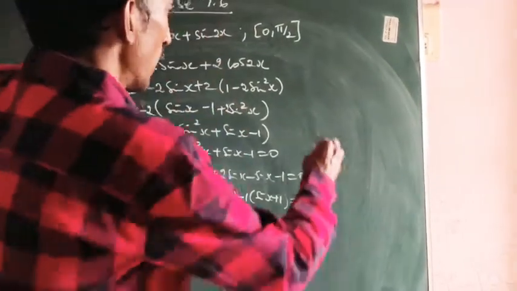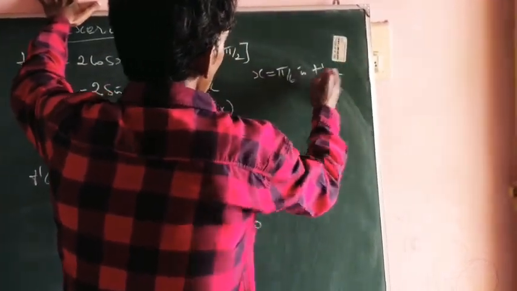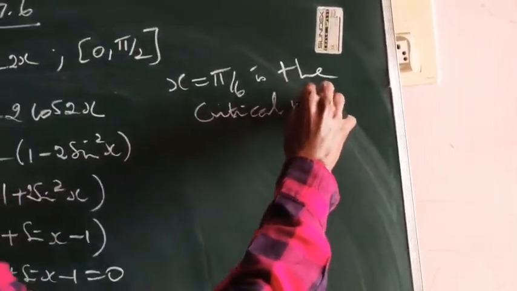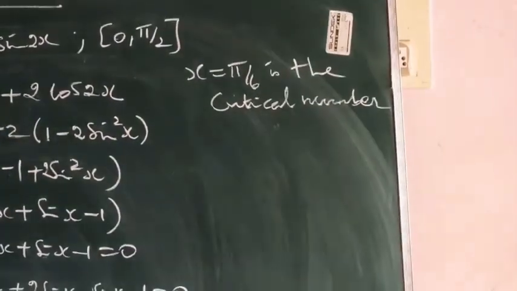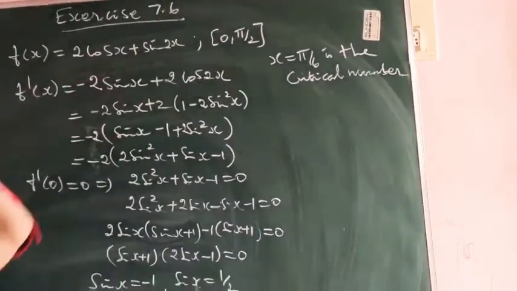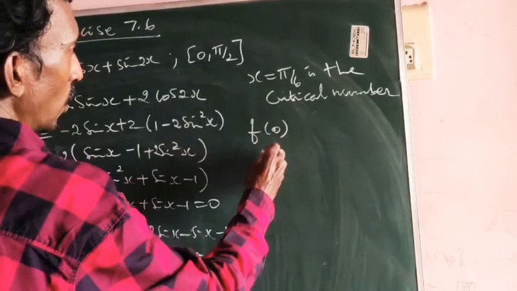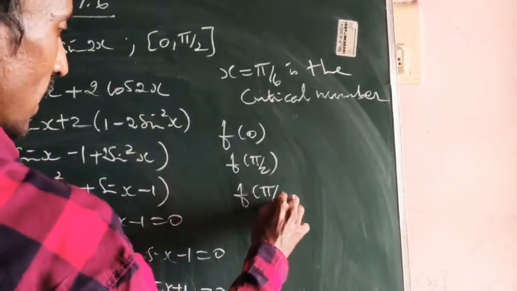So x equal to pi by 6 is the critical number. Either the first derivative is equal to 0, and in the meantime it must lie in the given interval. So it is the only suitable value. So find out f of 0, f of pi by 2 and f of pi by 6.